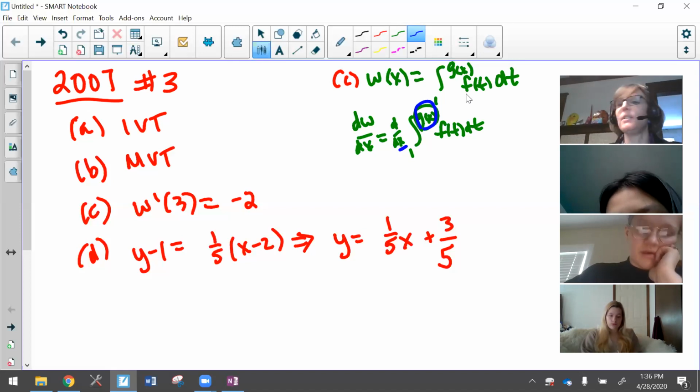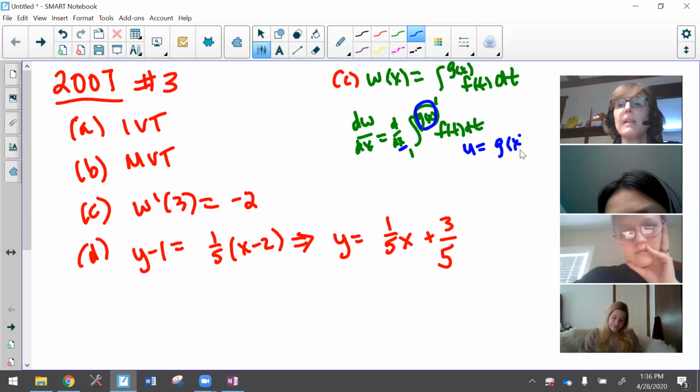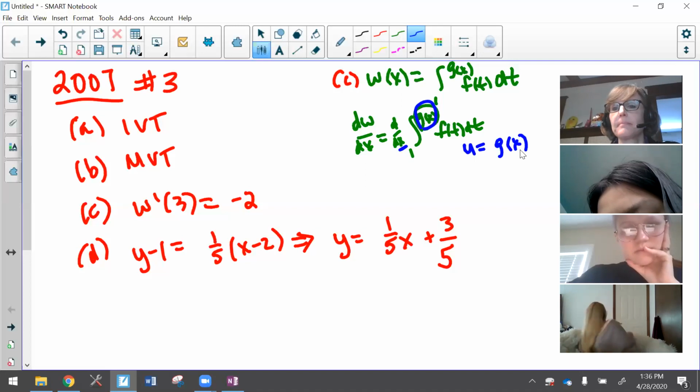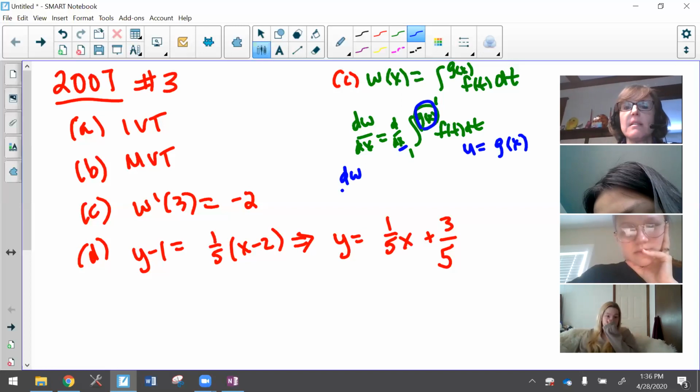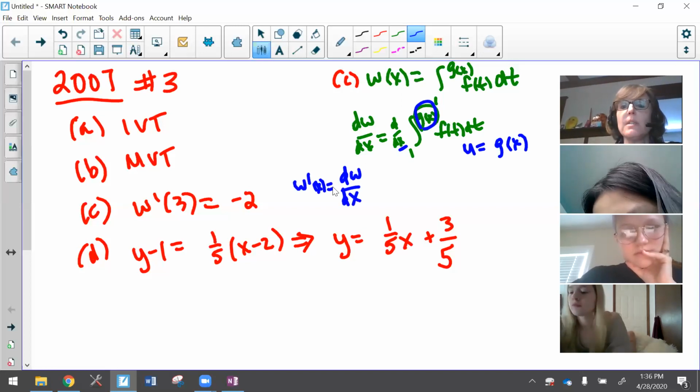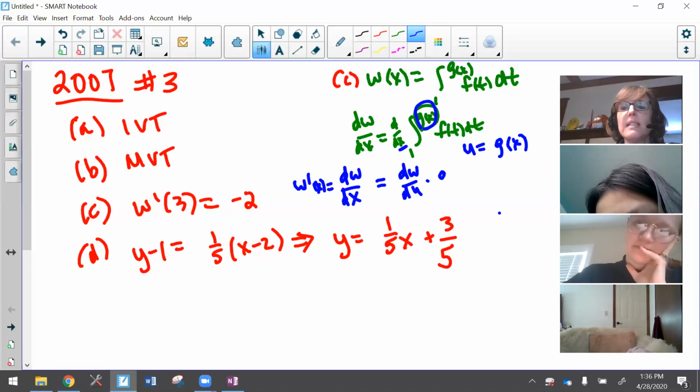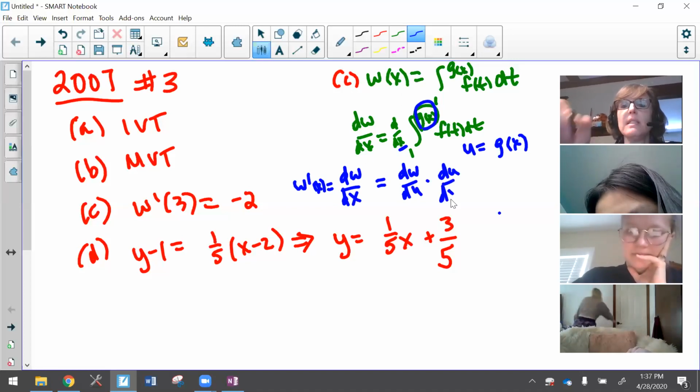So we need to do a u substitution and let u be equal to g of x. And then I'm still looking for dw dx. That's what w prime of x is equal to. And that's going to be dw du times du dx.